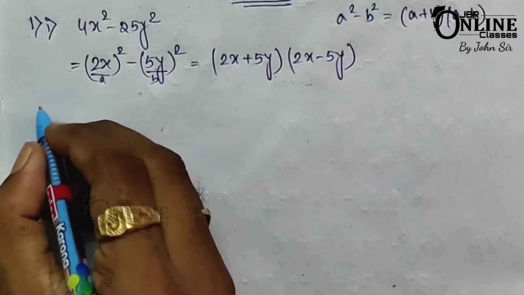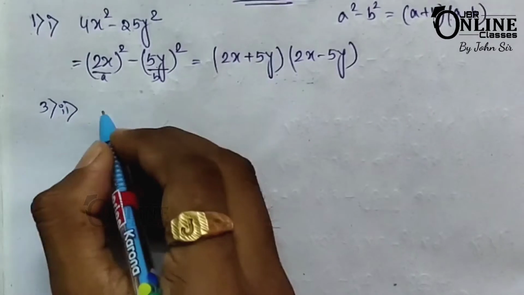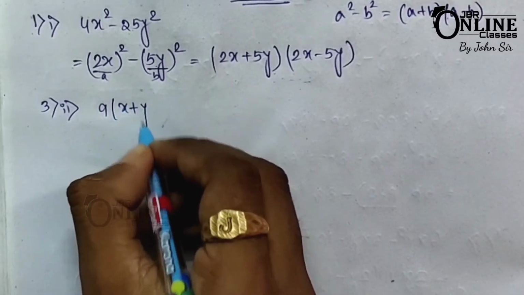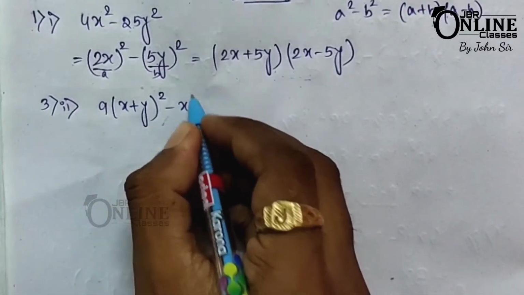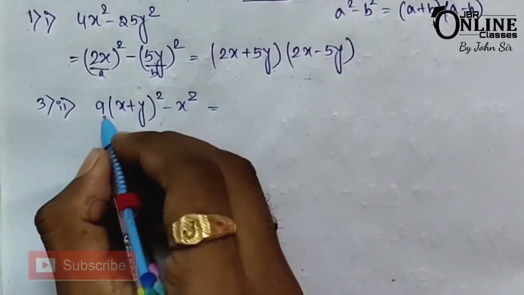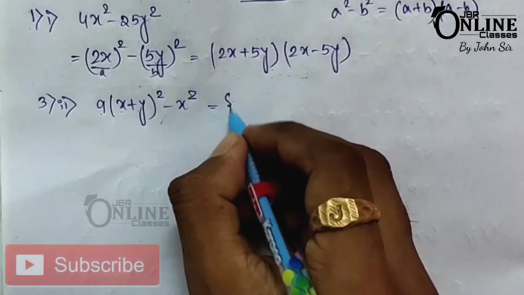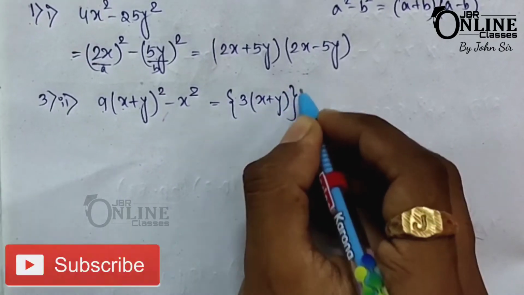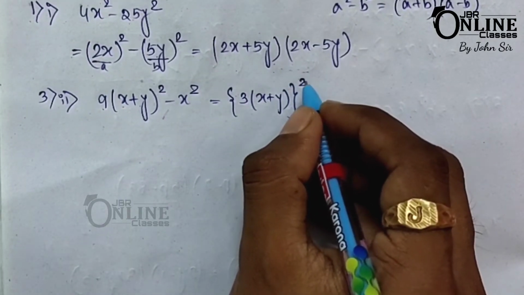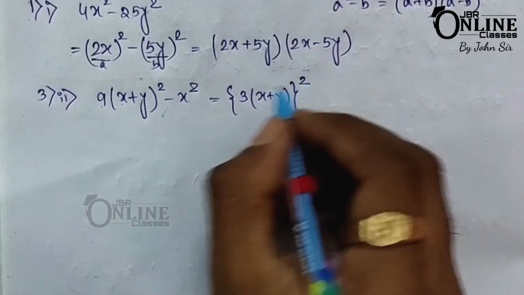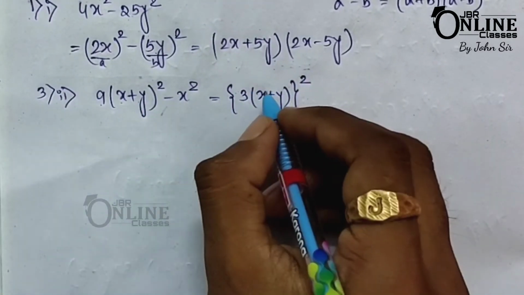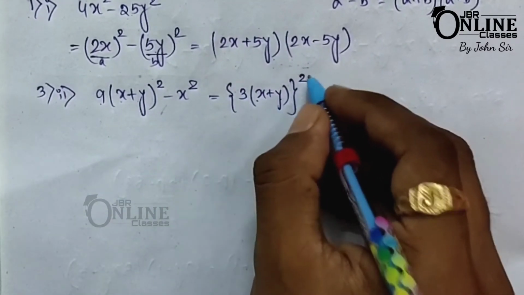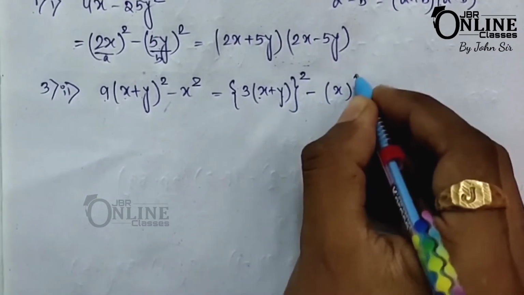Now next, sum number 3. Okay, in sum number 3.2, 9 into (x plus y) whole square minus x square. So just write down 9(x plus y) whole square in this way. Here write down 3 plus (x plus y), then put a second bracket, then finally put down the whole square. So 3 whole square, that means 9, and (x plus y) whole square. Now here write down x square.